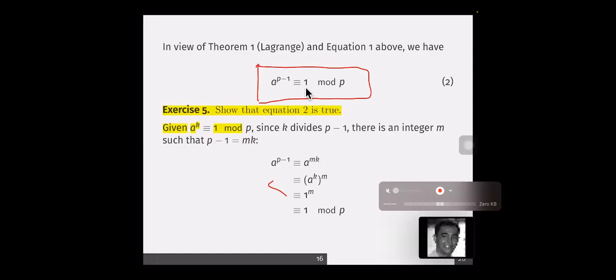This kind of mechanism to show something, we will use a lot of times in the RSA theory. So just remember how we did this. Now let's go to the next page.